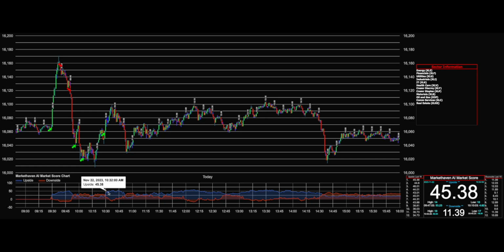The exit would be 10:40 because you would be riding it in here. Again, lots of sideways movement, good information for reasons to get out. So at 10:40, you would get out up here. On the NQ, this one would probably be either a slight loss or a wash, roughly.